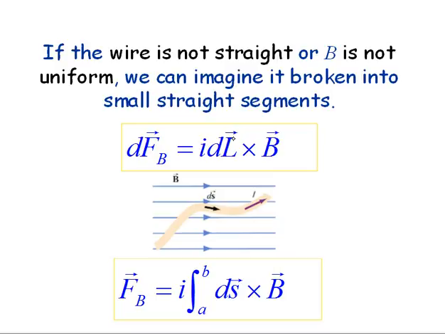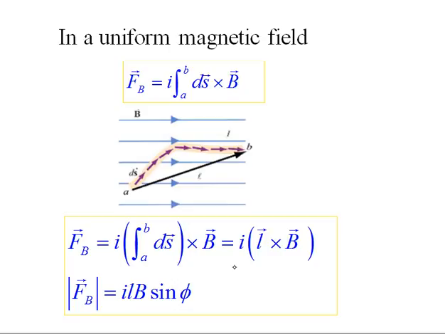if we have a segment of wire that in fact has the same current. If we're going, for example, from B to A, we can integrate over that length of wire there. As an example, if our magnetic field is uniform, then we can pull it out of the integral, but we still have to do a cross product of it.